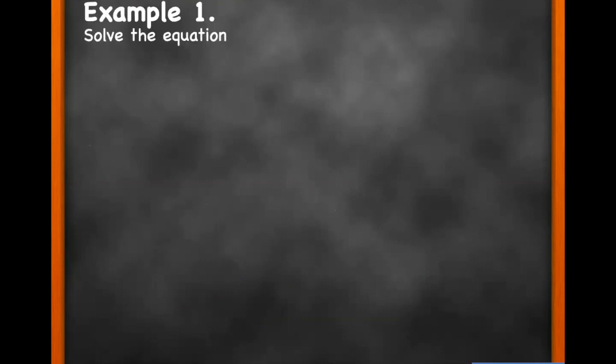Let's have number 1. Solve the equation (2y - 4x squared) dx + x dy = 0. Now, what is the first step? We should put the equation into standard form. Okay, so observe the equation.